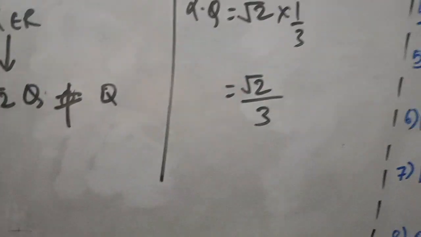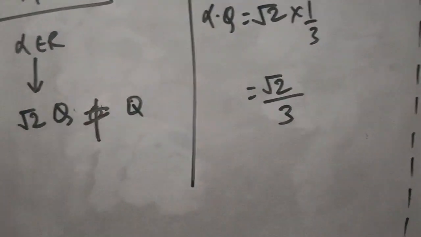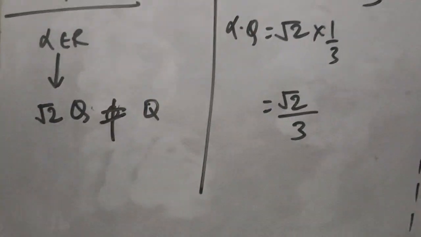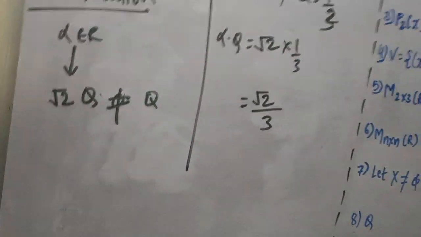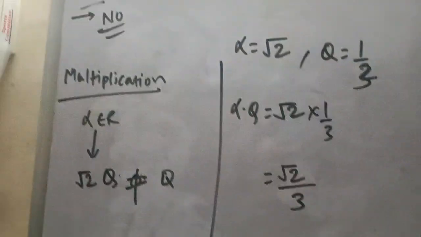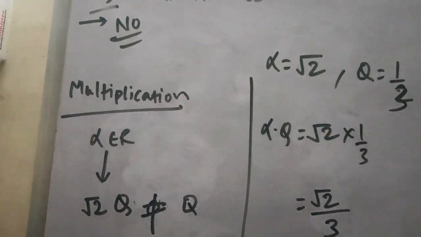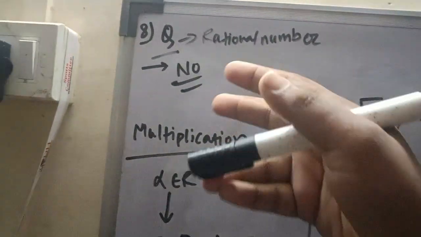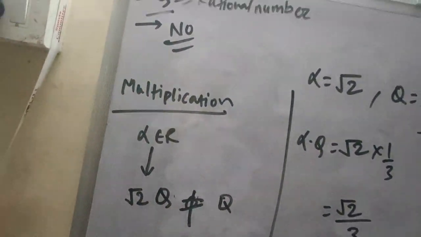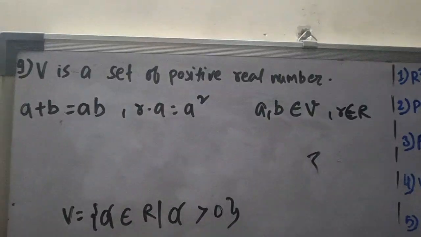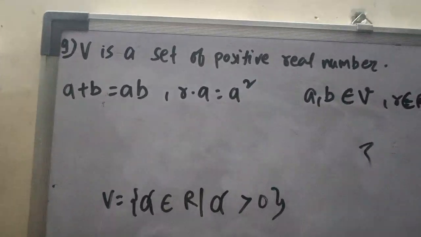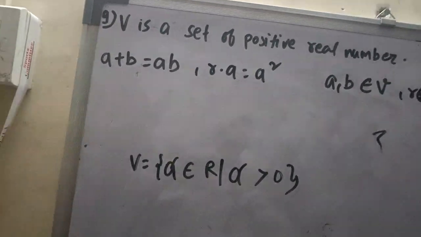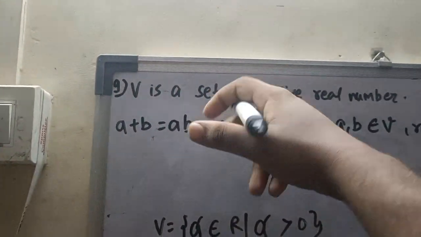Is this a rational number? No, it's not. Since root 2 is present, it's not a rational number. Since the multiplication condition is not satisfied, we can say that Q, the set of rational numbers, is not a vector space.